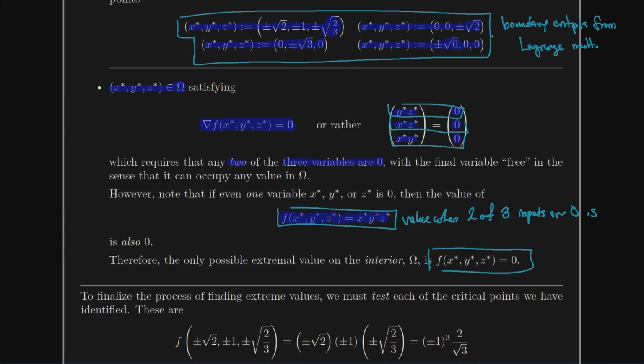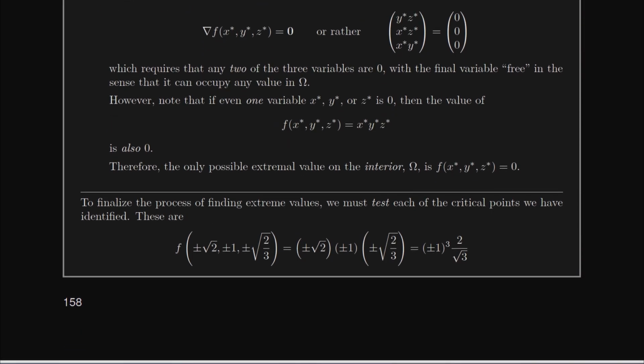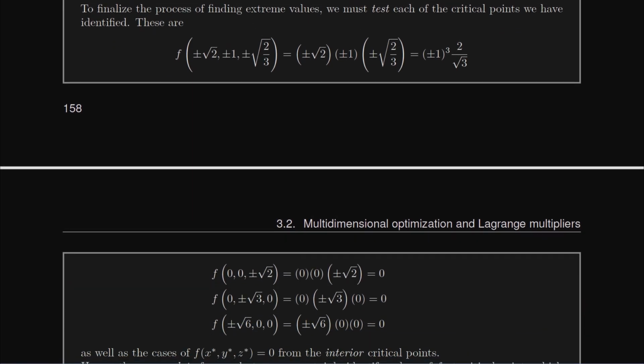Okay, so we know that if our boundary critical points are either bigger or smaller than 0, then they're going to be the absolute maxes instead of the interior critical point. So we're going to test each of those boundary critical points. And when we do, if we test on the first collection of boundary critical points, we see that the outcome is really plus or minus 1 cubed times 2 over root 3, so some positive, some negative cases of 2 over root 3, depending on which plus or minus we have chosen out of each of those.